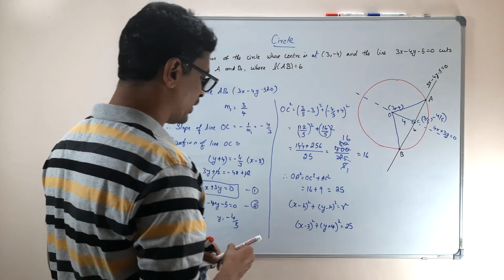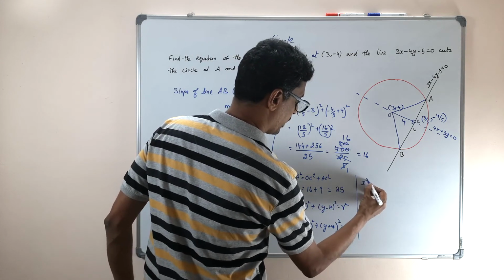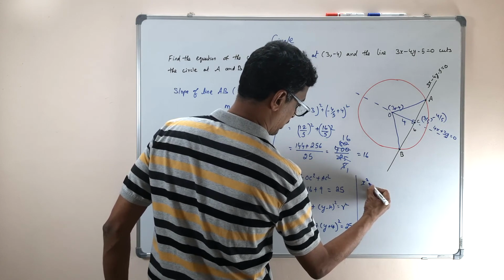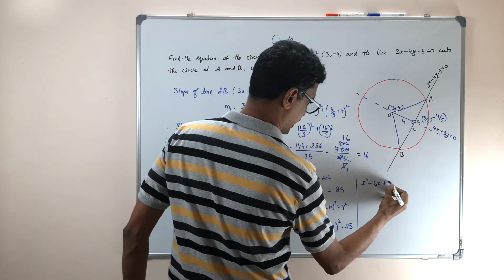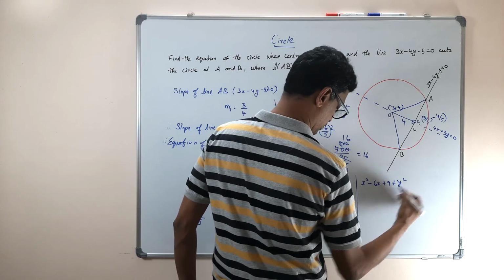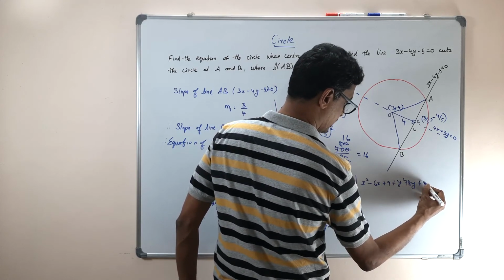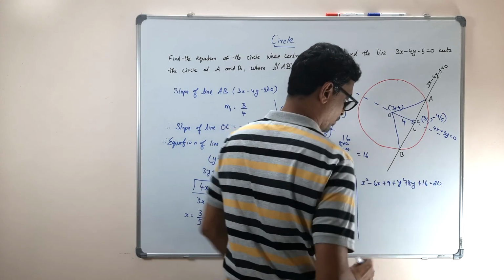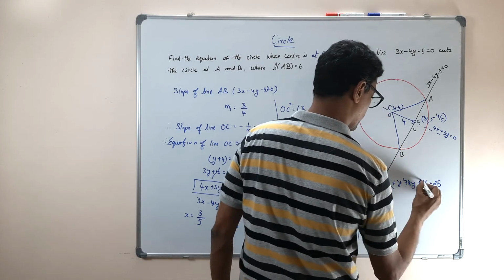When you open up, x square plus 9 minus 6x, plus y square plus 8y plus 16 equal to 25. 16 plus 9 is 25, so 25 cancels.